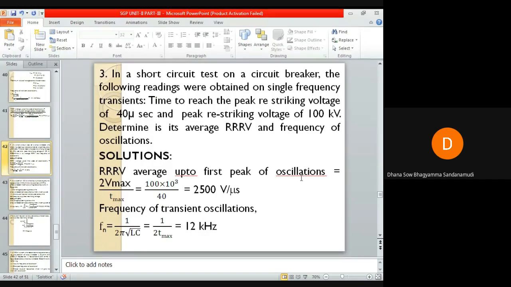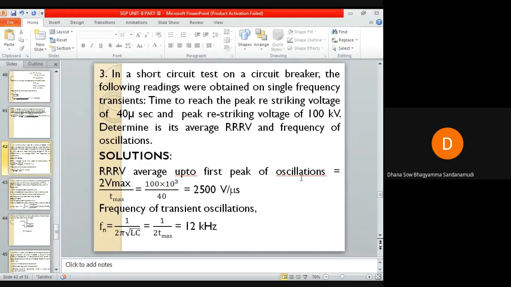You have to determine its average rate of rise of restriking voltage and frequency of oscillations. So frequency of oscillations means 1 by 2 pi root LC, and average rate of rise of restriking voltage is 2V max by Tm.